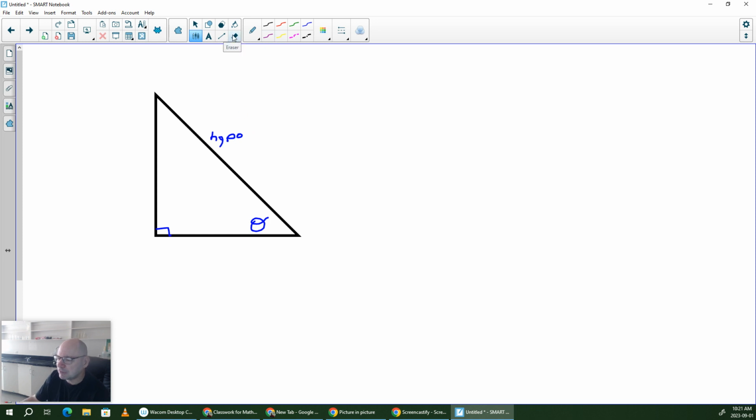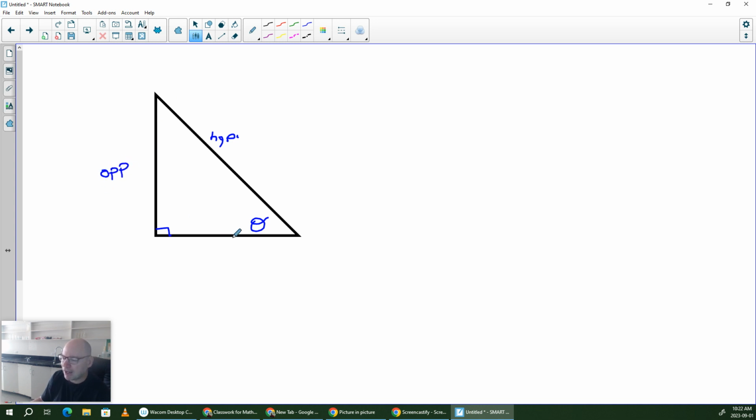Okay, so that's always opposite of the right angle, the hypotenuse. The one that your given angle is opening up to and touching this side, that's called the opposite side.